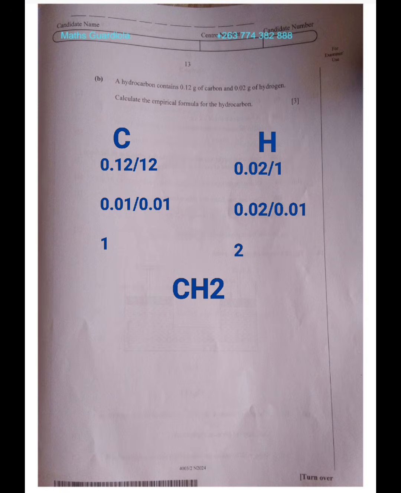And then the next step is that we now need to divide by the smaller number of moles, which is 0.01. If we say 0.01 divided by 0.01, we get 1. 0.02 divided by 0.01, we get 2. So it means that we are having 1 carbon and 2 hydrogen. So our empirical formula is going to be CH2.